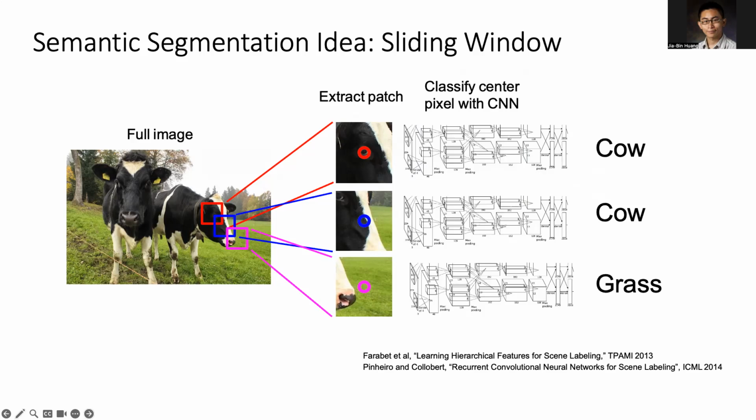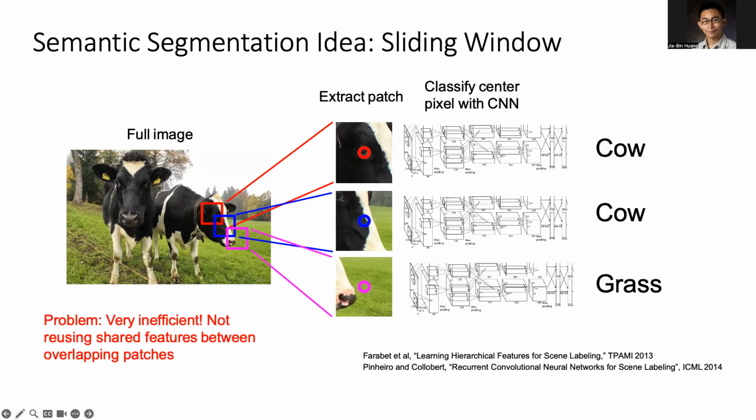It will work. But yes, it will be very, very slow. Because there are many, many windows in the image, you will need to run through the model many, many times to get that result. So this is very inefficient.